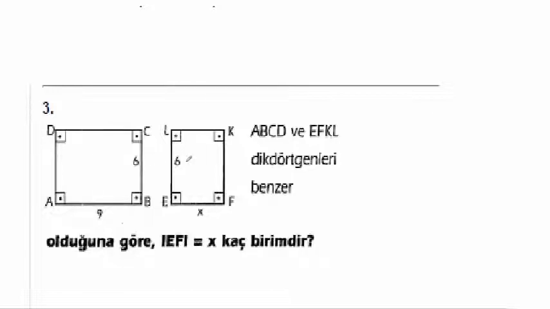This is a simple similarity question about rectangles. The question states that rectangle ABCD is similar to rectangle LEFK. So we need to make a simple equation for these questions.